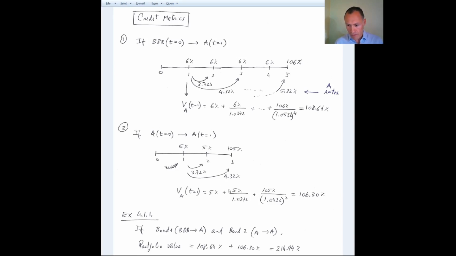So 5% plus 5% is discounted at 3.72, plus 5% is discounted at 4.32 for 2 years. That gives us a value for the second bond of 106.3. So the value in cell AA is just the sum of these two numbers. So it's this one plus this one, 214.94.